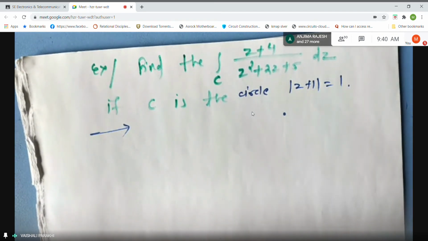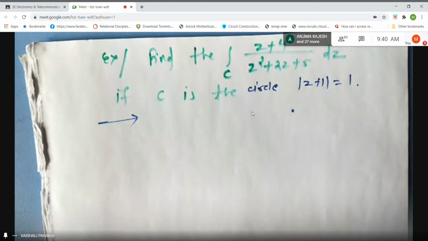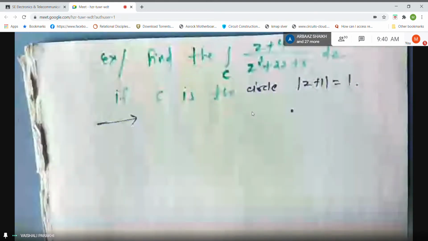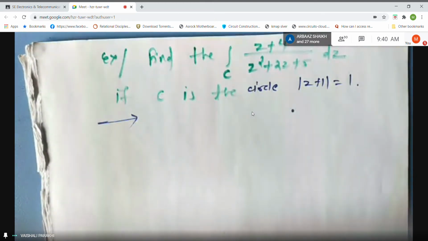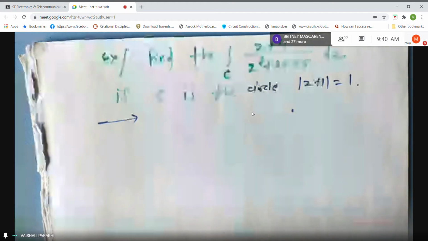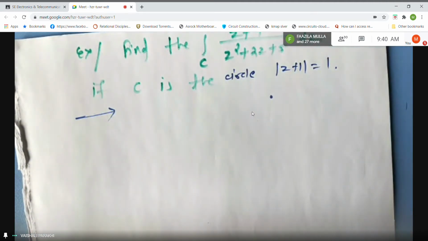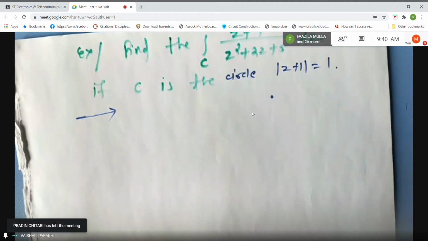You have to unmute yourself, otherwise you are absent. Hello, ma'am. Yes, tell me. Radius is 1. And what is the center? Center is minus 1 comma 0. Very good.